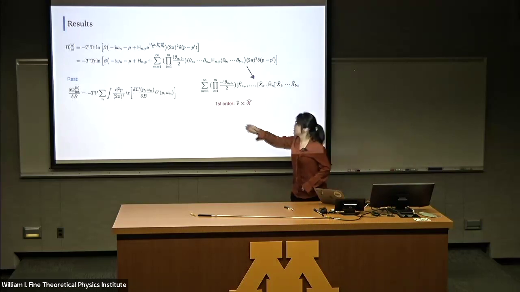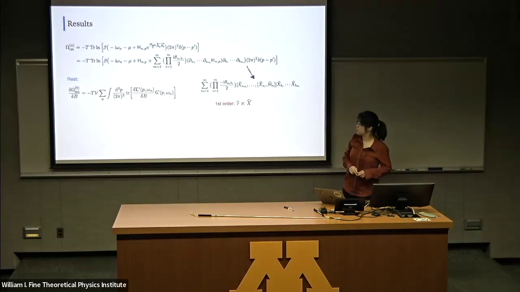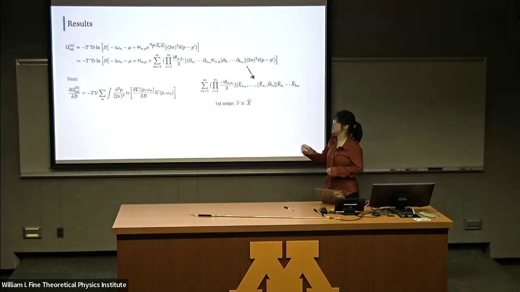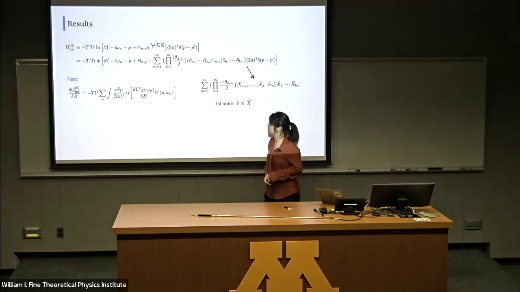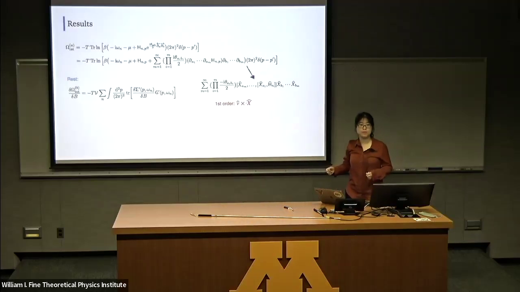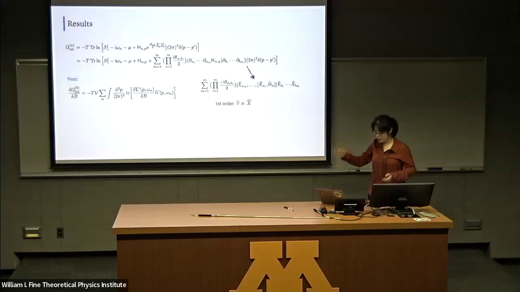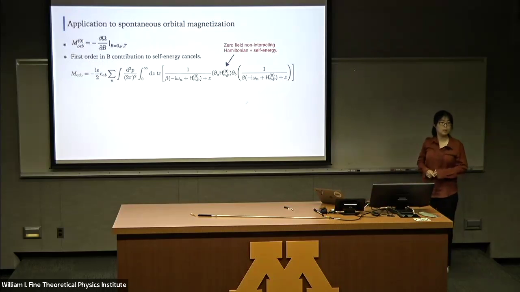There are another two terms in the thermodynamic potential that contain the self-energy explicitly, and we find that those contributions to the magnetic field effect can also be written in terms of gauge invariant Green's functions and self-energies. So this is the general formalism, and I can stop here if there is a question, and continue.